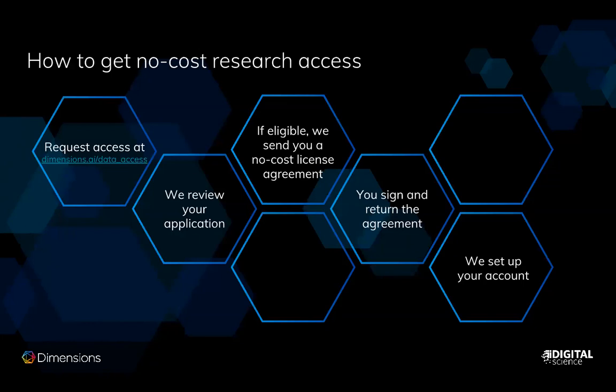We do review every application fairly carefully, and we talk about each application as a team. So while this is a straightforward process on paper, it can take a few weeks, even upwards of a month or two, in order for us to really sit with applications and review them. So please be aware of that and build that into your personal timeline when you're requesting access for a research project.